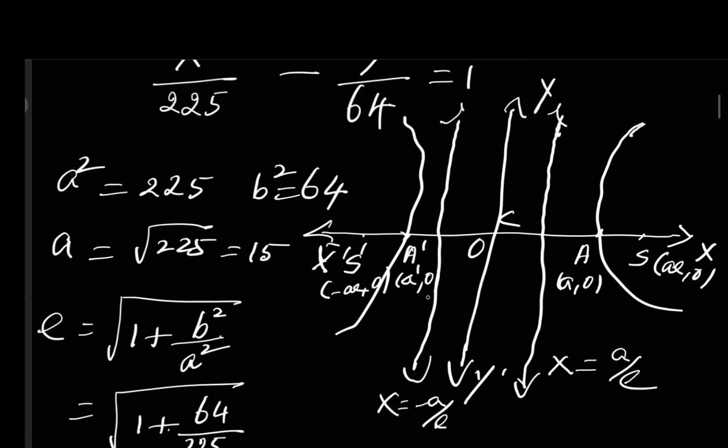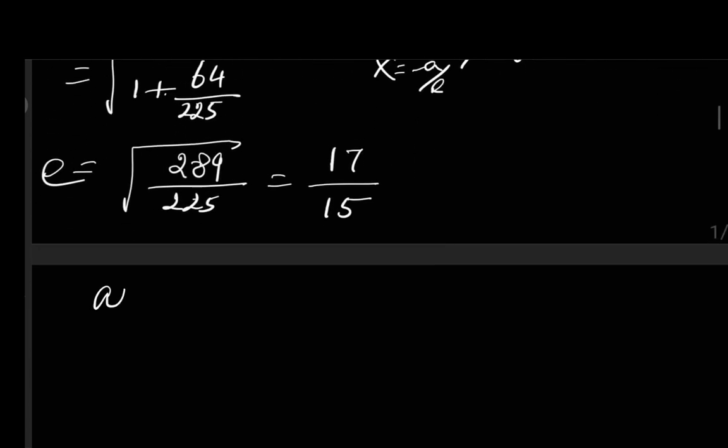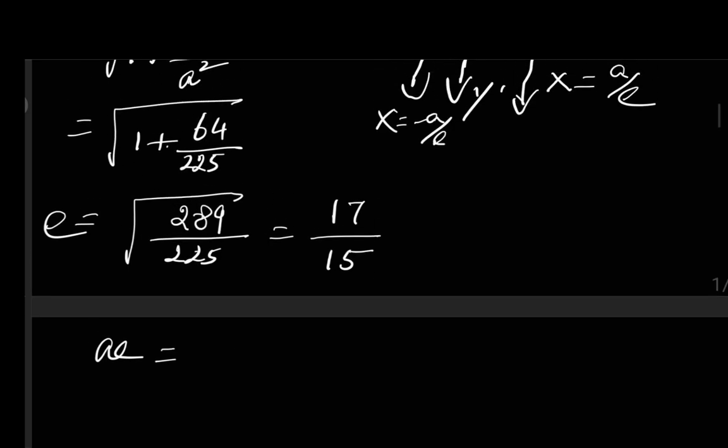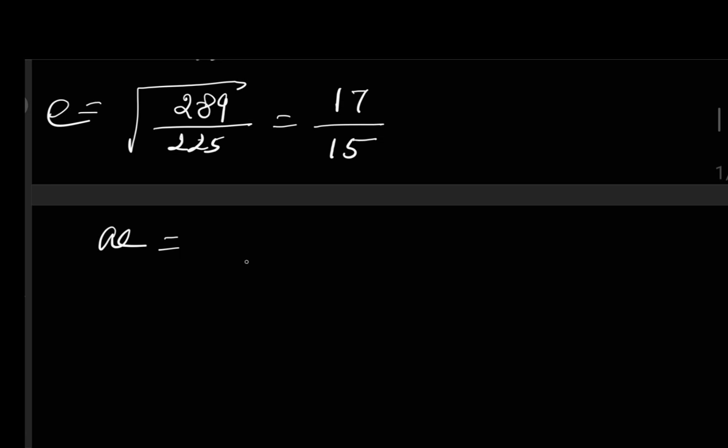And also in this case, as in the ellipse, you find AE and A by E, and then you can draw the tabular column. So AE is equal to 15 into 17 by 15.